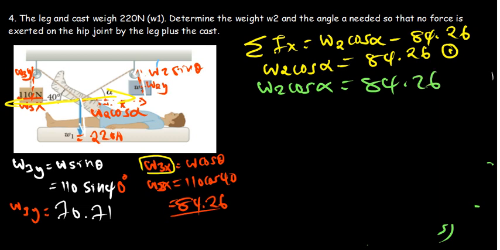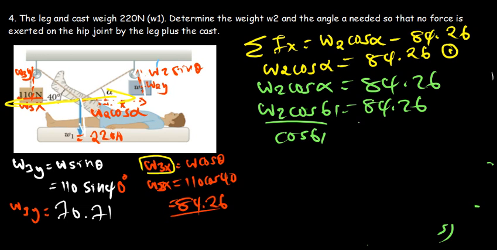Since we have the alpha, it's going to be W2 cos 61 has to be equal to 84.26. I divide both sides by cos 61.